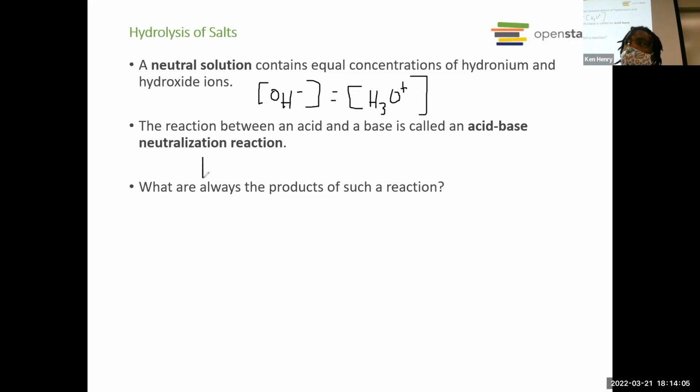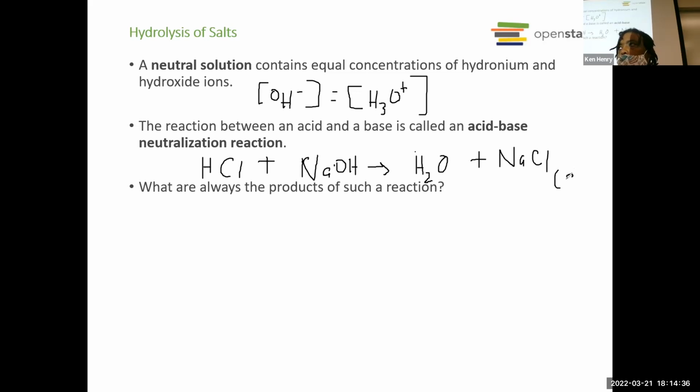So for instance, if we have HCl reacting with NaOH, we're going to end up with H2O plus NaCl.